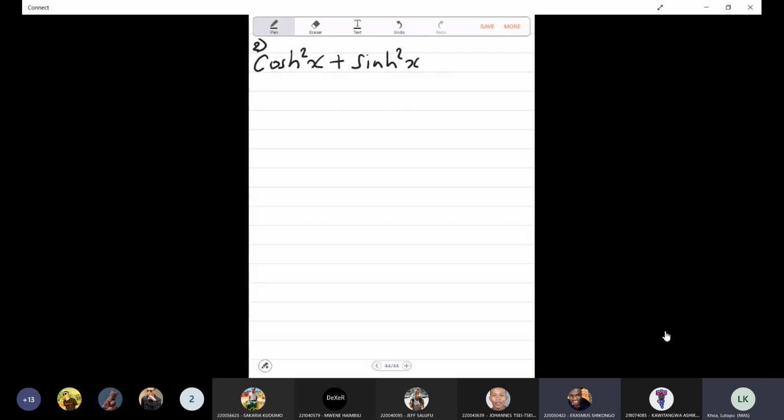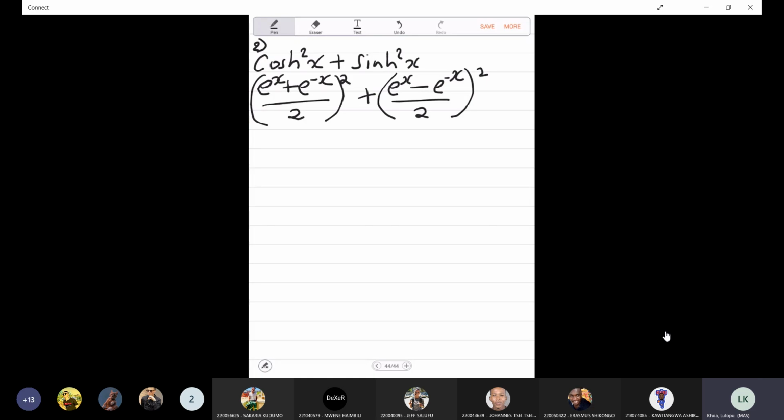Okay, so we want to see what this is equal to. So hyperbolic cos, we said e to the power of x plus e to the power of minus x divided by 2. Then we must square it. And then e to the power of x minus e to the power of minus x divided by 2, and then we want to square that.